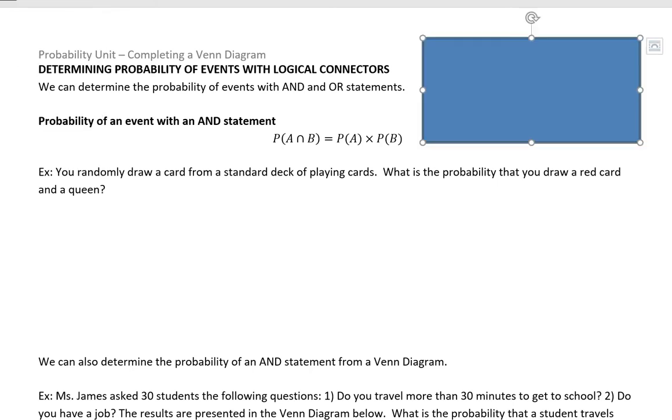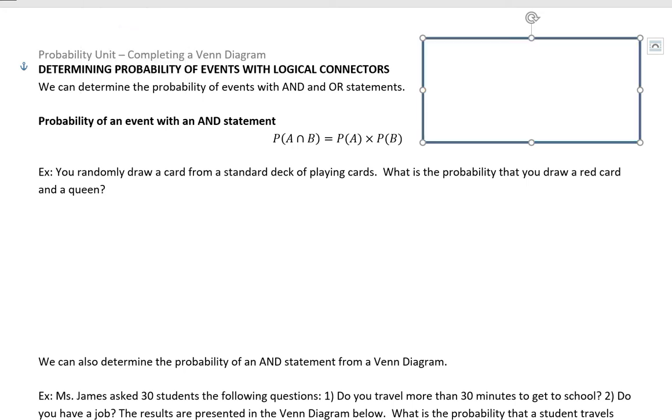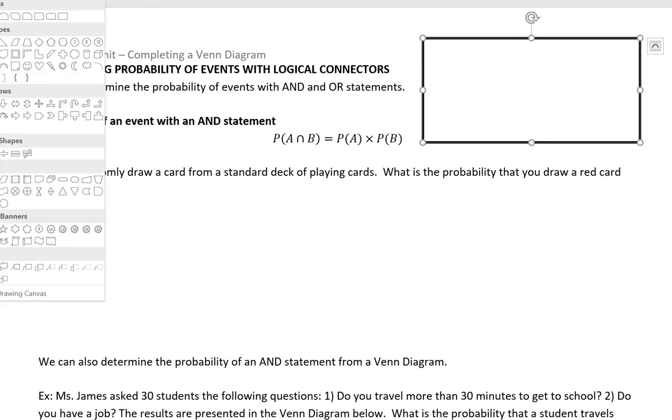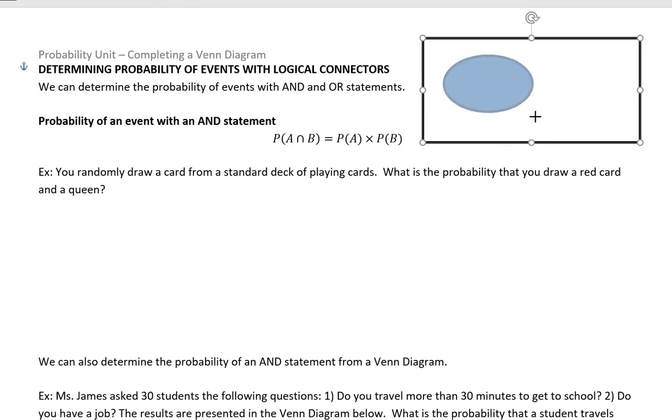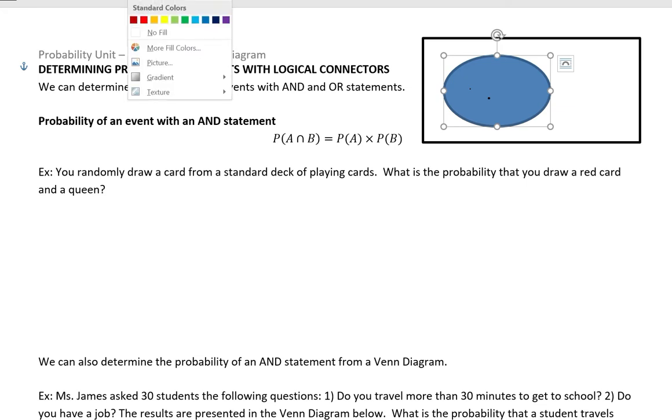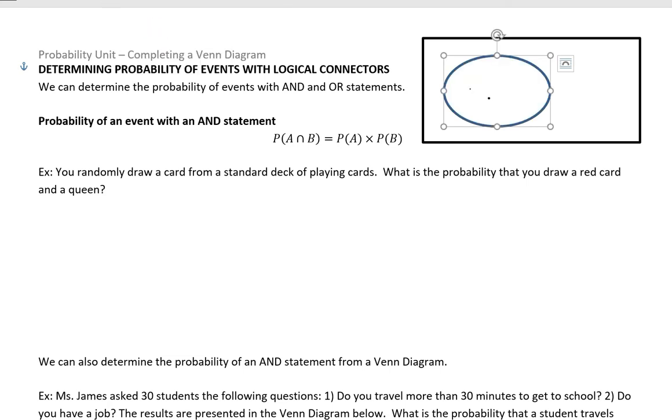If this is our area, let's get no fill in there and a darker outline. There we go. Now let's draw some circles just to make sure we're all talking about the same thing. Let's not have any fill, it'll be easier to see.